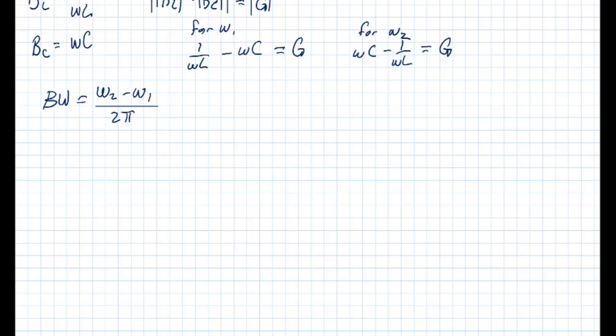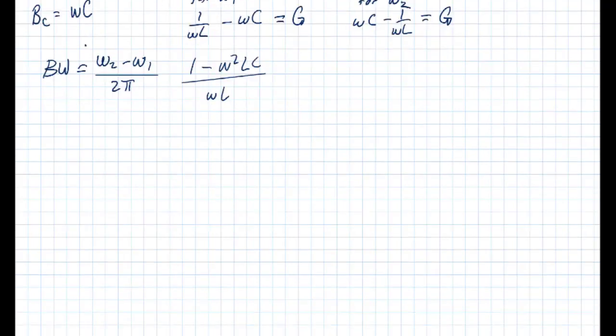We can combine terms here. So we could say 1 minus omega squared LC equals G. And then kind of move the terms around.